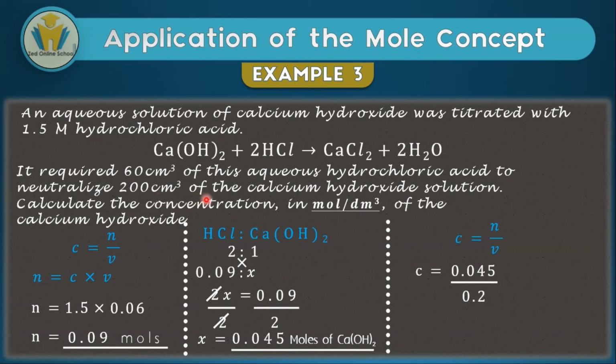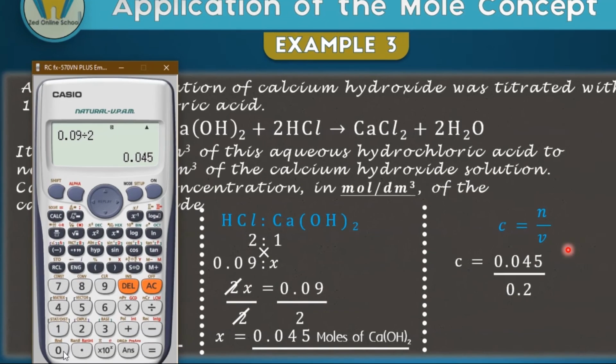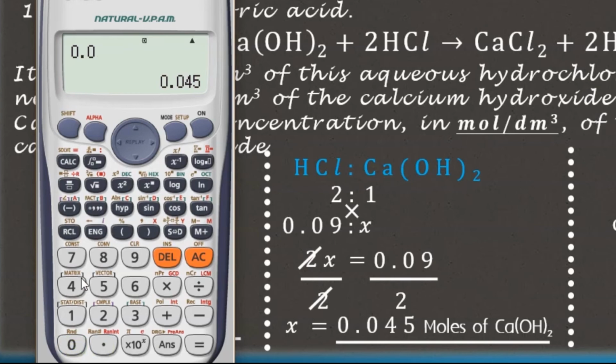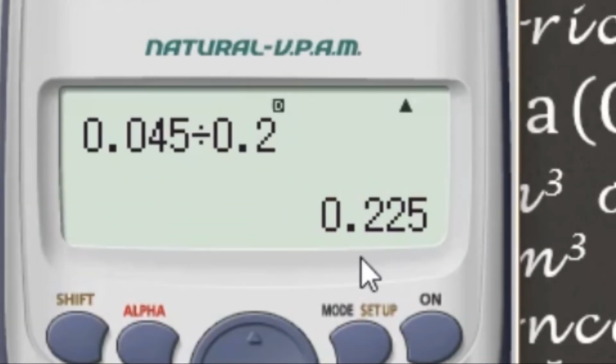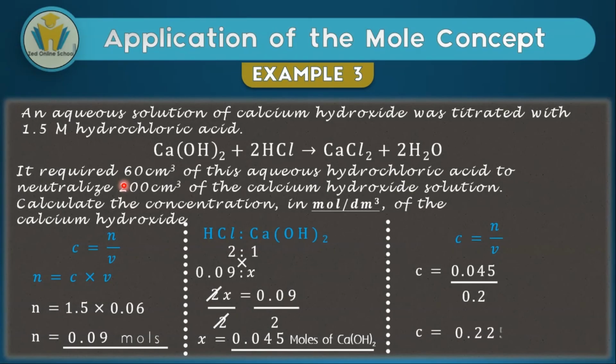You know that 200 will be divided by the 1000, and we're going to have 0.2. 0.045 divided by 0.2. Okay, this is our concentration, 0.225. C is equal to 0.225 mole per cubic decimeter. So this is the concentration of the calcium hydroxide solution that was used.